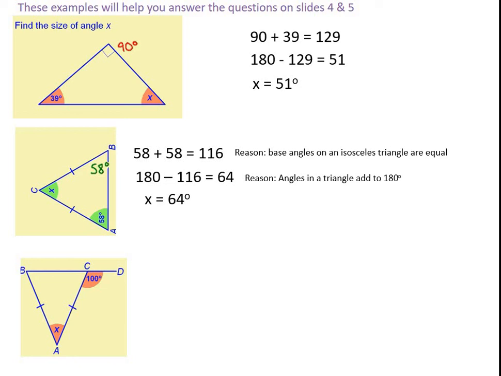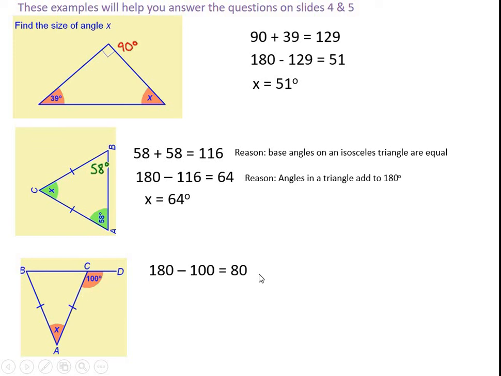The third example is similar, but we don't know all the angles in the isosceles triangle. What I do know is this, the 100 degrees here, is on a straight line. So if I subtract 100 degrees from 180, I know that one of the base angles on my isosceles triangle will be 80 degrees.